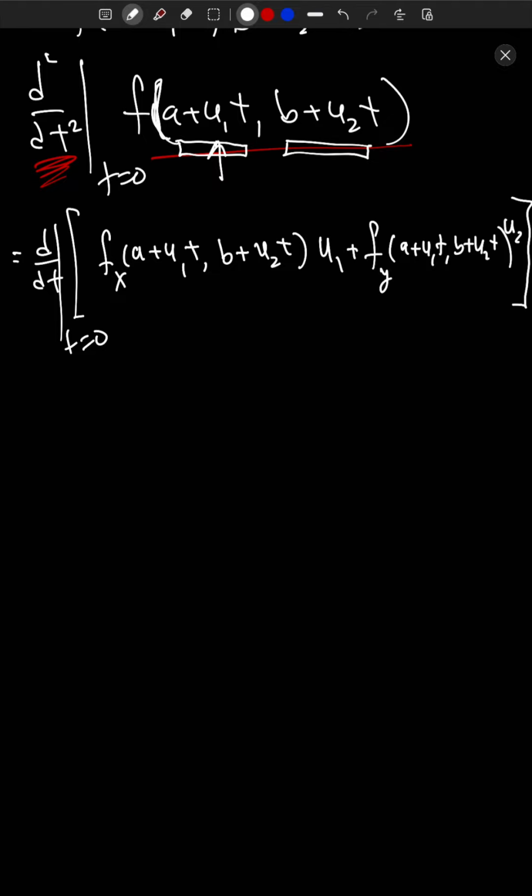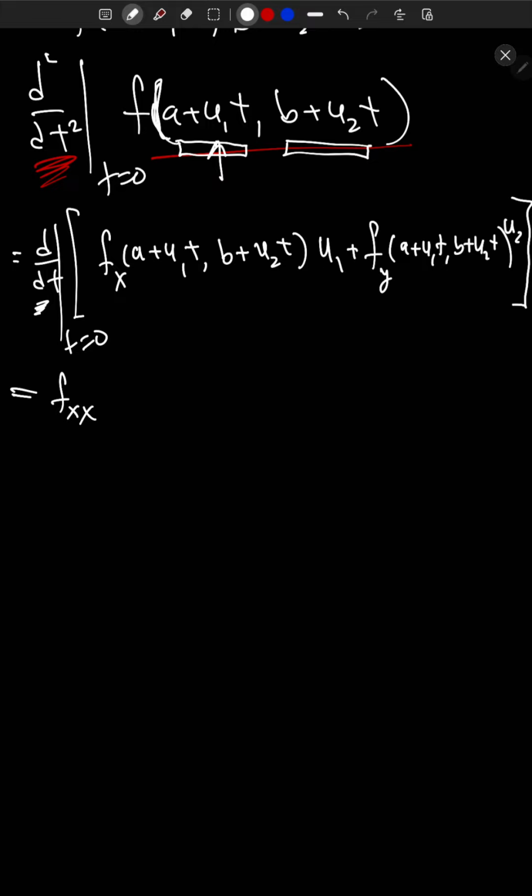Now I want the second derivative, so I want to take d dt of this thing here. So let's do that. Again, it's the chain rule. We're going to take d of the first thing, f sub x, df sub x dx. So that's fxx. Now I'm going to drop these inside stuff because it's going to look a little too messy. So fxx and then times u1.